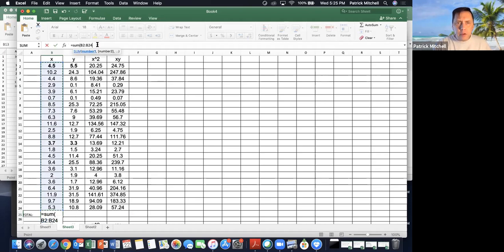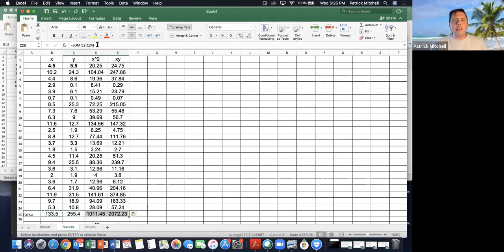So I'm going to close off this parenthesis. And I find that the sum of the x's is 133.5. And again, because I used cell references, when I copy and paste that cell into here, it knows that what I want to do is sum all of those columns with the correct values.